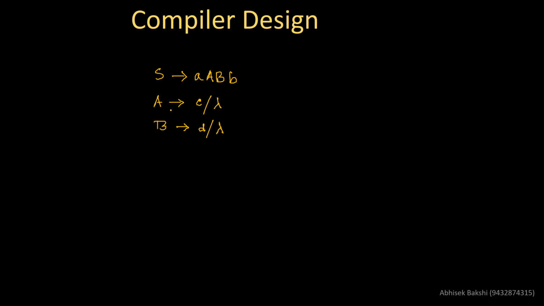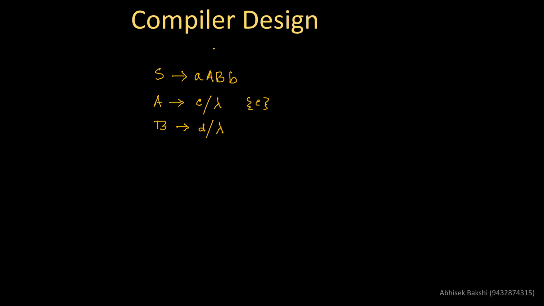Let's see A to c. Where will I put A to c? Obviously in the first of c, that is over here. And where will I put A to lambda? I will put it in the follow of A. What is follow of A?